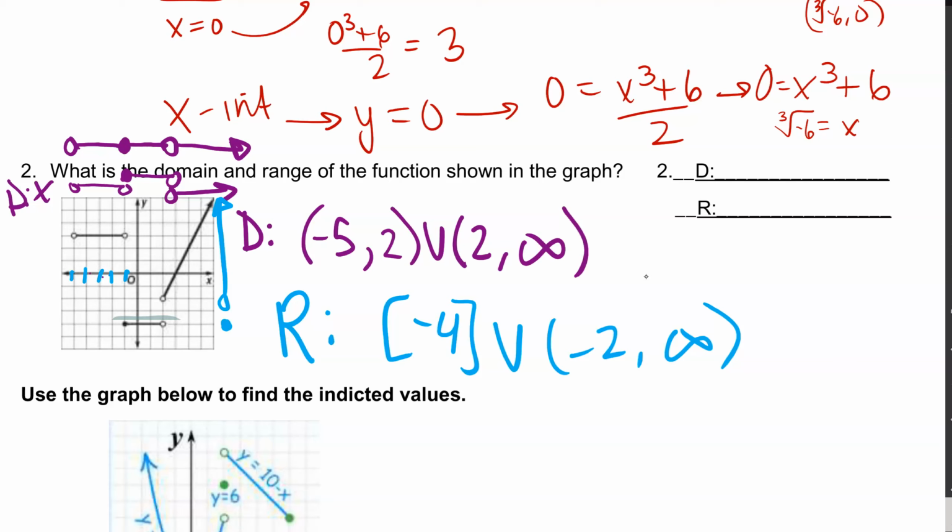It's not. If I ask you where is y equal to -3.9, it's not. There's nowhere where it's actually equal to -3.9. This horizontal line has a bunch of places where y is equal to -4. And then all the numbers greater than -2, you have a place where y is equal to it.